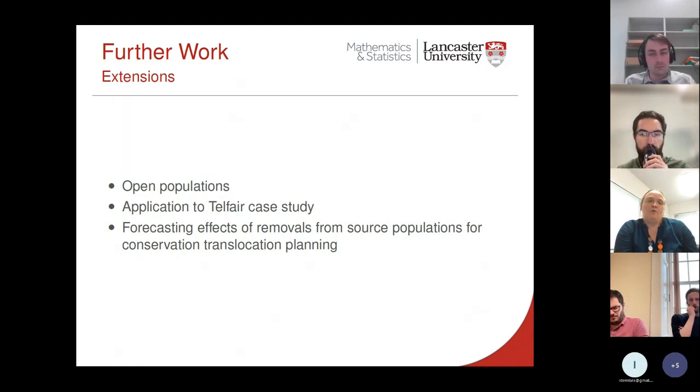And what we then need to think about is how we can improve the forecasting approaches for removals from source populations. So really providing a tool for people conducting conservation translocation planning to give them some reassurance that taking individuals from a source population is not going to adversely affect the underlying population there.